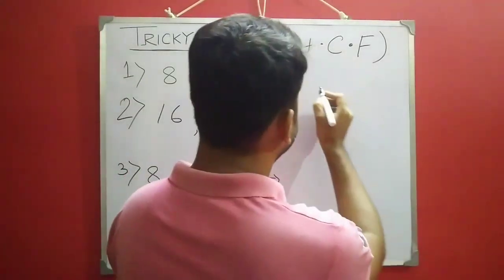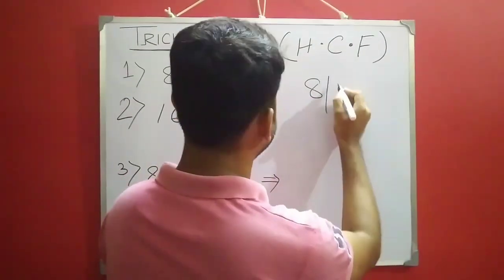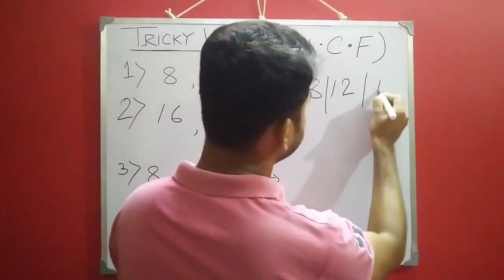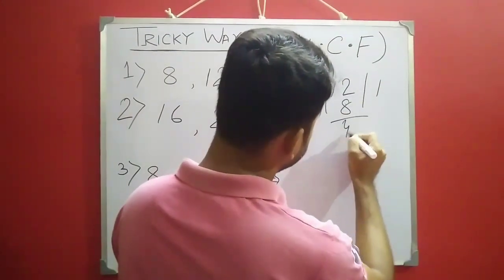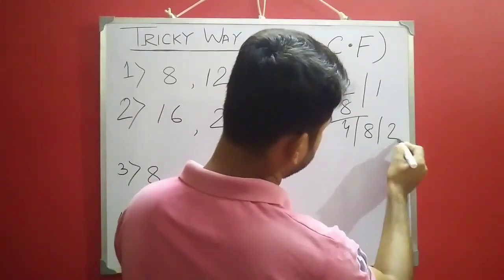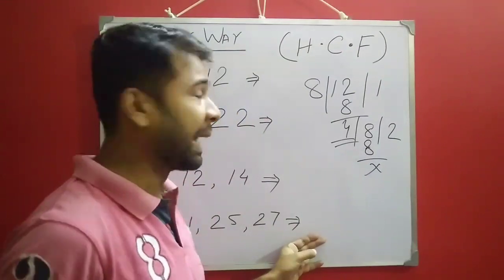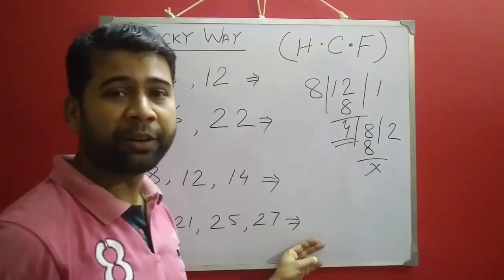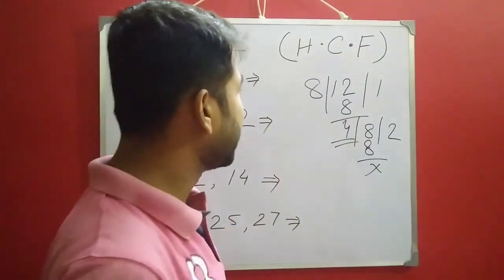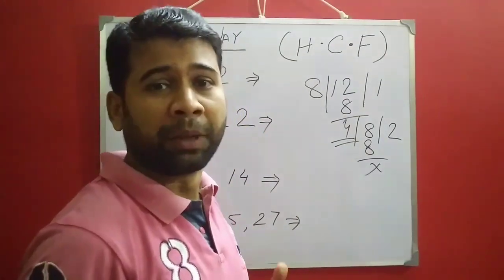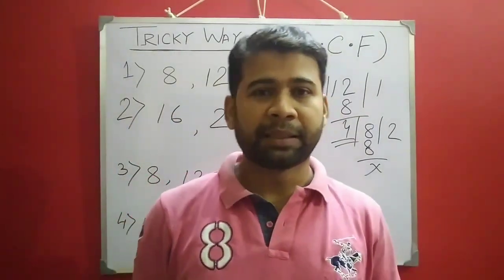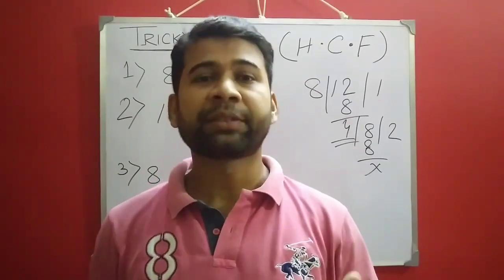We all know how to calculate HCF. So, it is our HCF for 8 and 12, but it is too time consuming. In our exam, we always try to save our time.